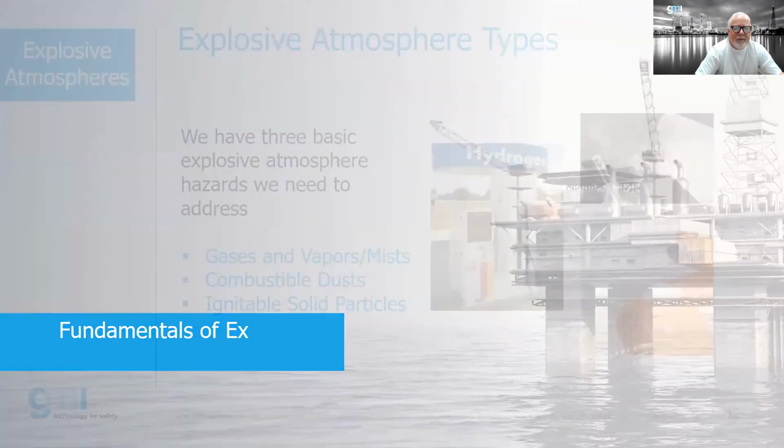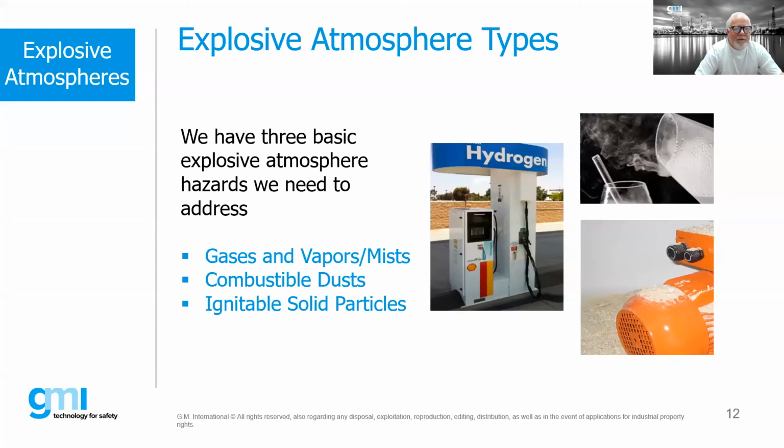So, a little bit about the very fundamentals of an explosive atmosphere. Pretty much everybody in the world thinks that the explosive areas we run into are limited to oil and gas or maybe petrochemical facilities. But in reality, we see them in all walks of life.